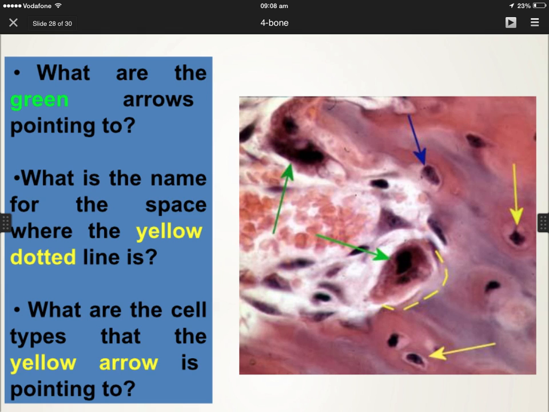What is the name of the space where the yellow dotted line is? Yes, this is the clear space on the surface of the bone related to the osteoclast. It is the Howship lacuna, and you may be asked about how this space is formed, and I have answered that before.